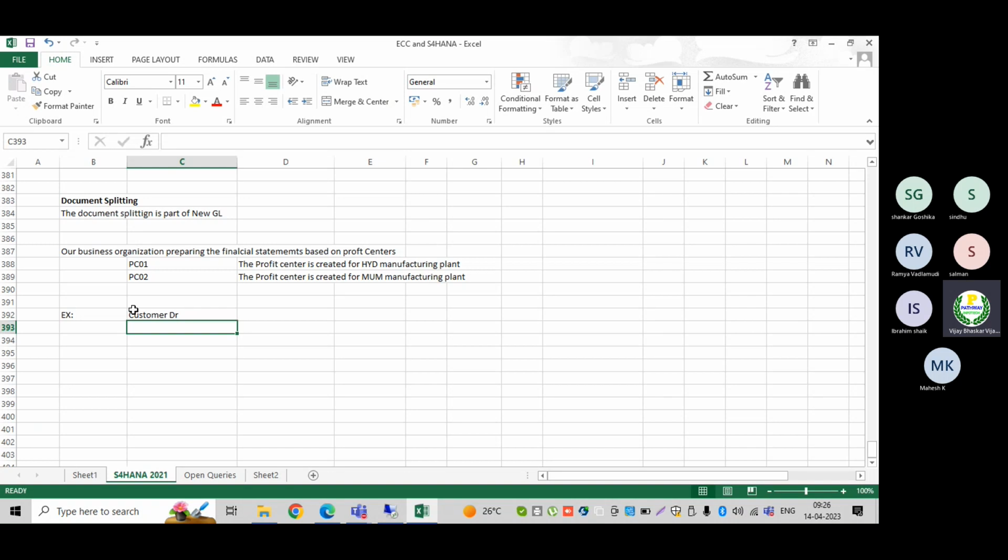Remember, I sold two items: one is the laptop, one is the mobile. The cost would be 1 lakh rupees, let us assume. The laptop which I sold is 70,000, and the mobile which I sold is 30,000.